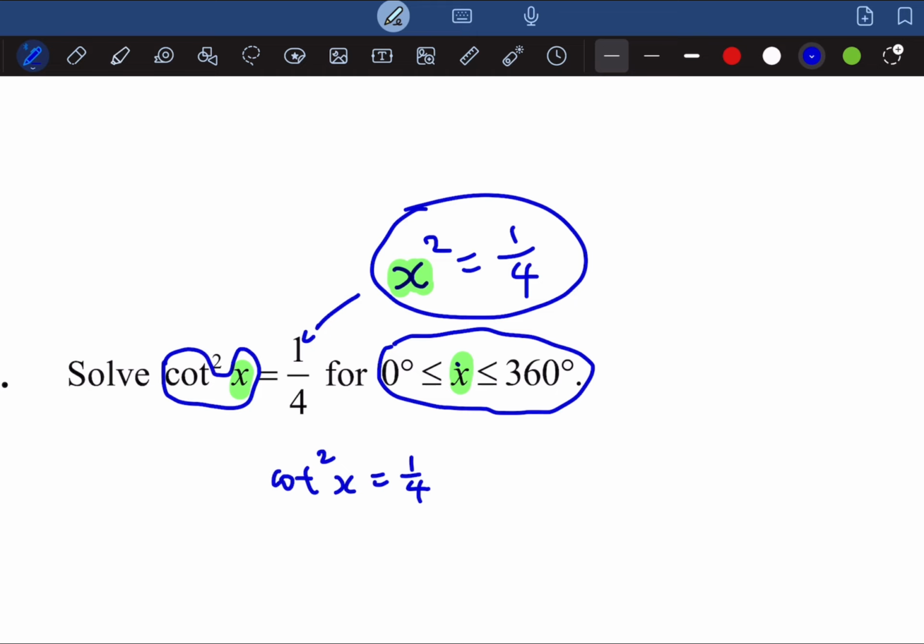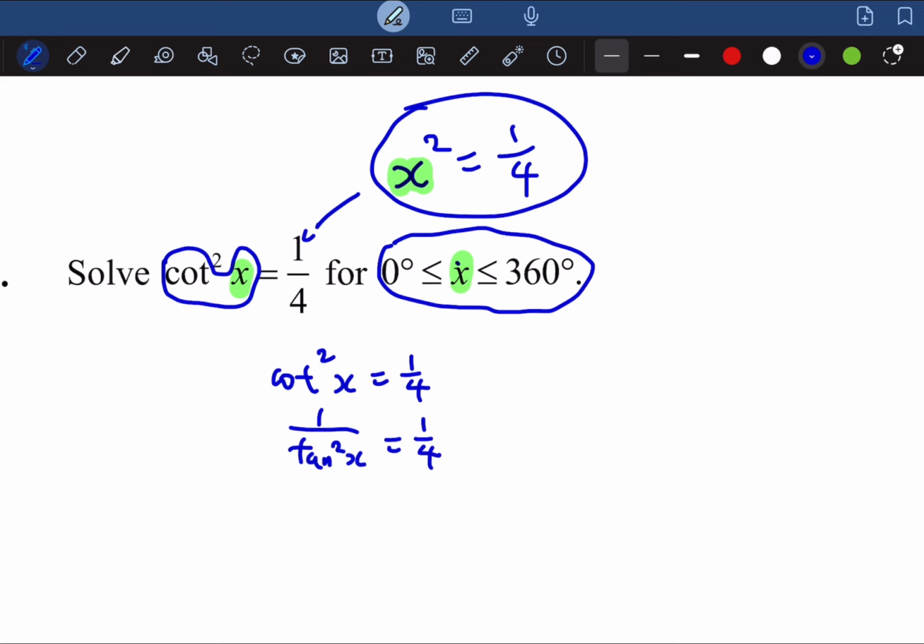So I change the cotangent to tangent first. This will be 1 over tangent square x equals 1/4. Then I square root both sides. So I make tangent x the subject. So this one equals 4.